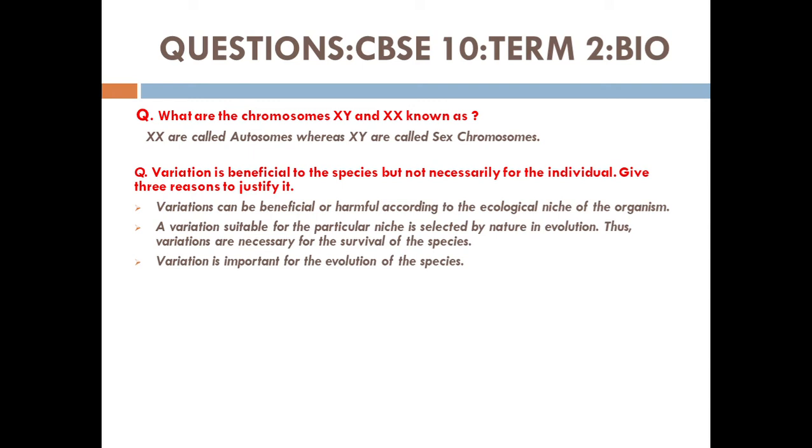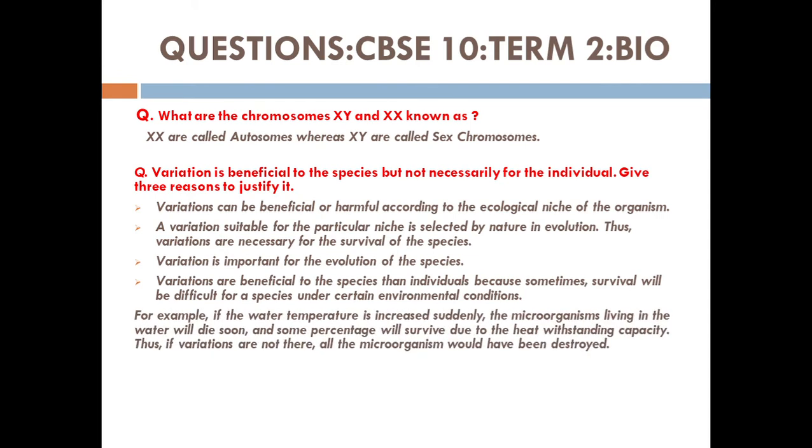Then, variation is important for the evolution of species. Variations are also beneficial to the species rather than individuals because survival will be difficult for a species under certain environmental conditions. Let us look into an example.